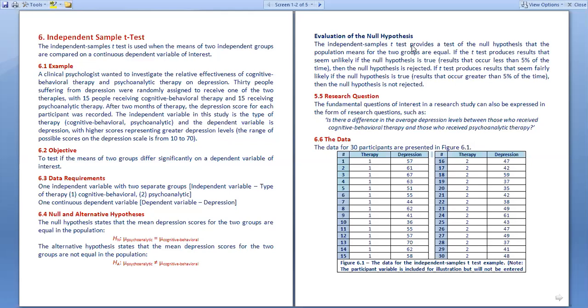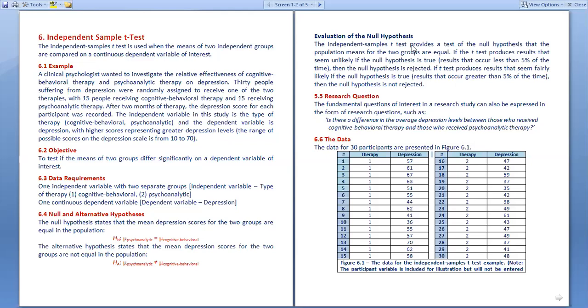That is, there is no significant difference between the mean depression rate of patients being treated through psychoanalytic therapy or cognitive behavioral therapy.